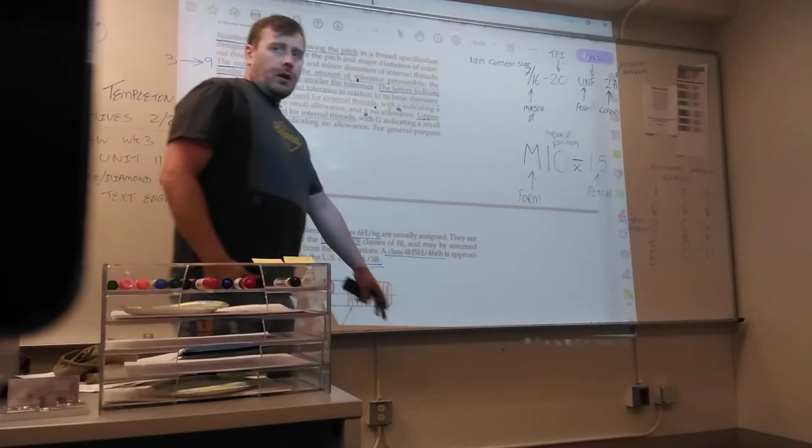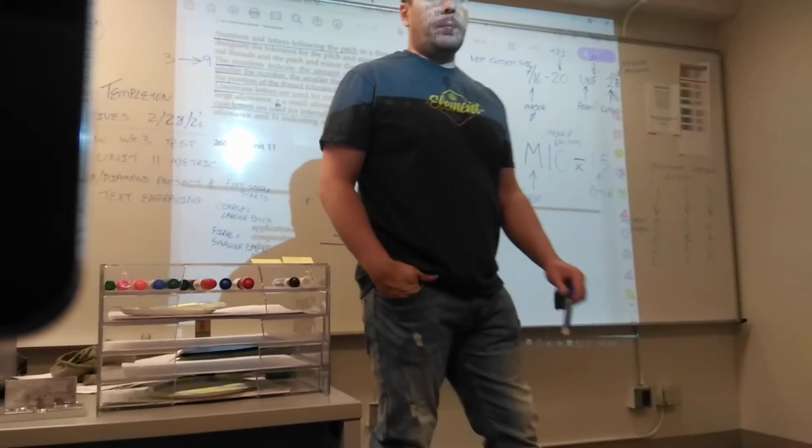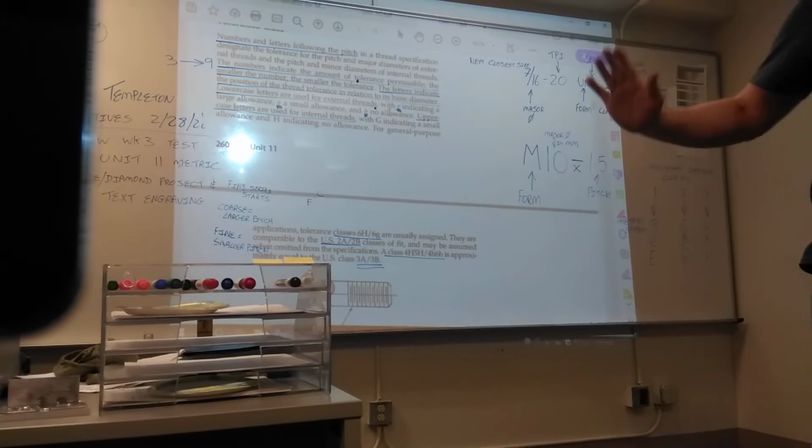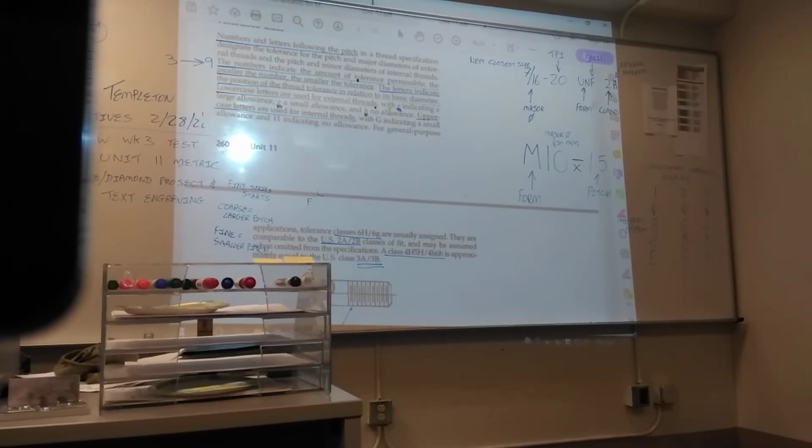So they're interchangeable, almost? That can change depending on application. So if you're doing aerospace, you're going to be at the tighter end. If you're doing stuff for like a Caterpillar digger that's going to be in the field, you want a loose thread, because if there's dirt in there, you still want that bolt and nut to be able to be assembled out in the field. So it all depends on the application.